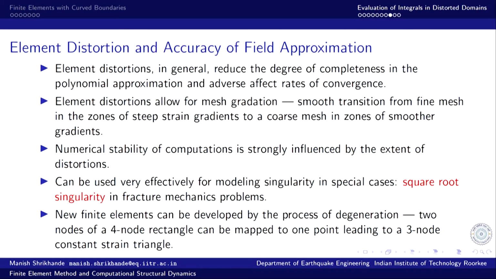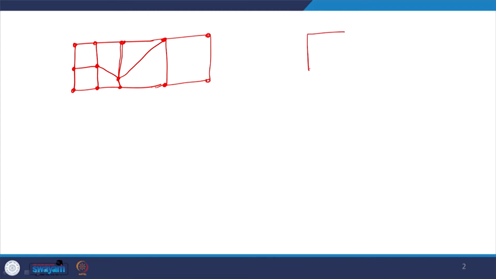For example, two nodes of a 4 node rectangle can be mapped onto, for example, these 4 nodes. So, I can map this node onto this node, so that the element becomes like this, or it can go this way, whichever. If I do this, then this becomes a 3 node triangle.